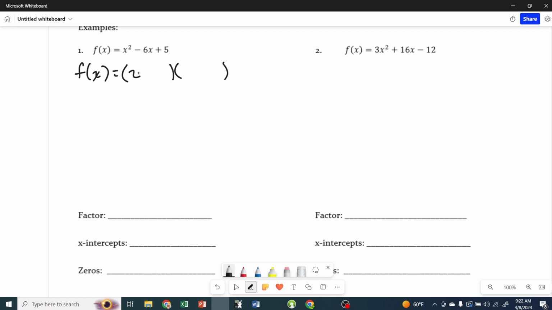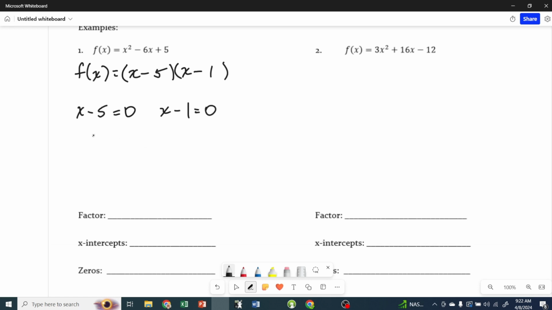So x goes in the front on both. It's the factors of 5, but they're both minus. So minus and minus. The factors of 5 that add up to 6 are 5 and 1. So I set each equal to 0. x minus 5 equals 0. x minus 1 equals 0.